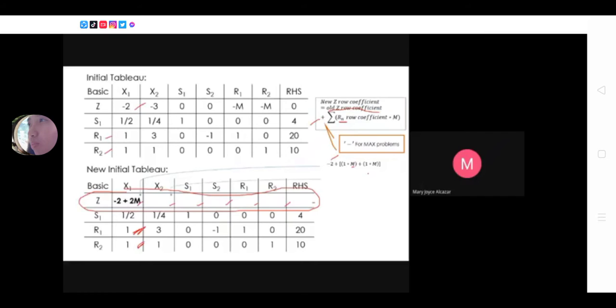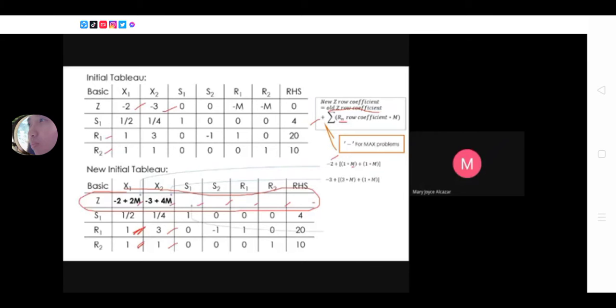Then under x2, the old zero coefficient is negative 3, plus the R1 row coefficient 3 times M plus the R2 row coefficient 1 times M. So the answer is negative 3 plus 4M.